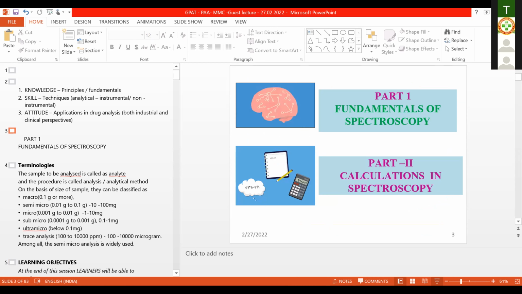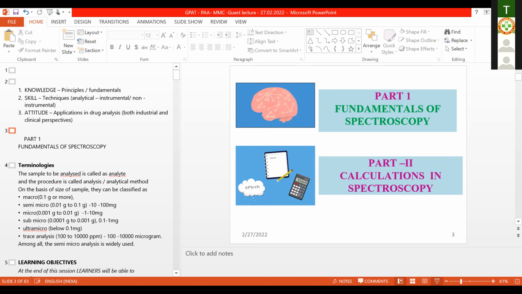I really do not know what the problem is. It's okay, ma'am. You can just move one slide after that. Is it okay now, sir? It's in part 1, fundamentals of spectroscopy, part 2, calculations in spectroscopy.